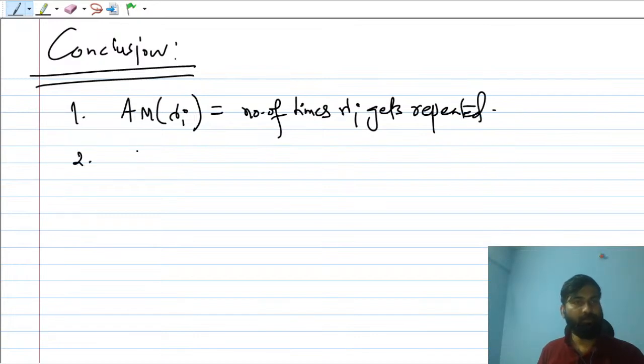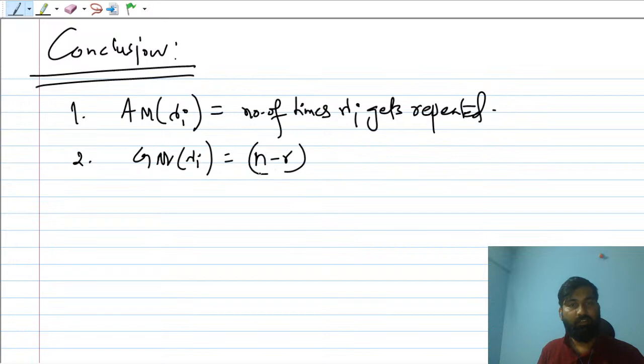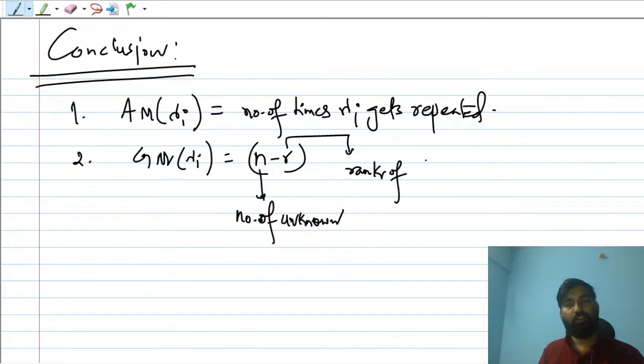What is GM? GM of lambda i is n minus r, where n is the number of unknowns and r is the rank of A minus lambda I. How to evaluate rank? You know, right? The number of pivots.